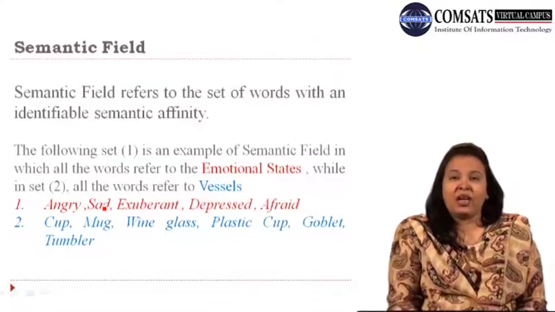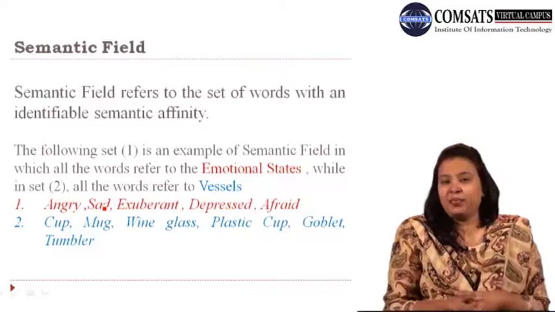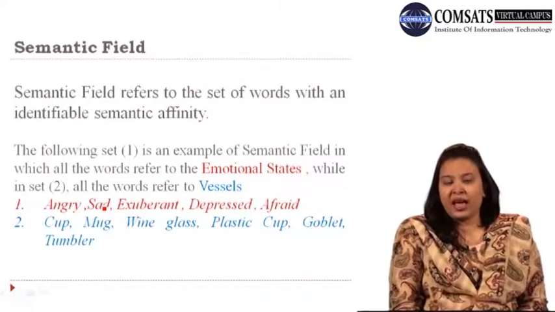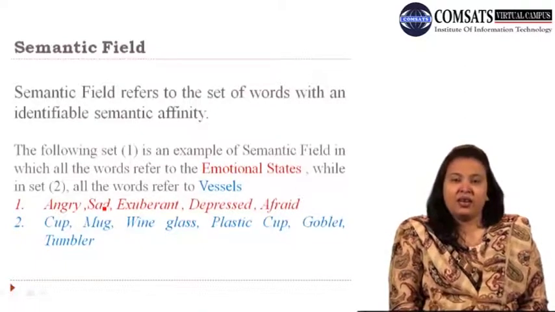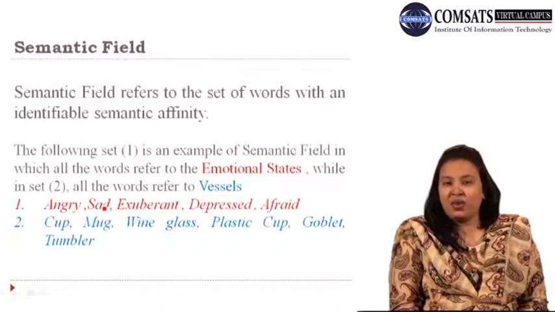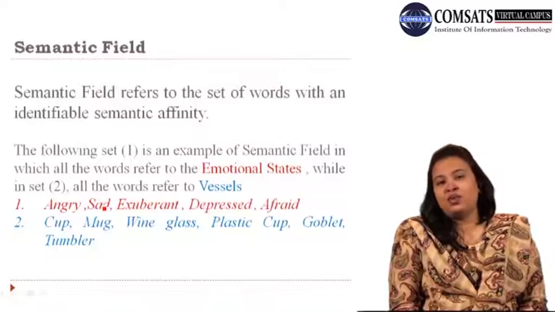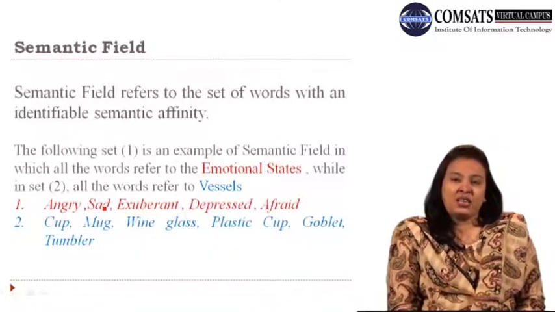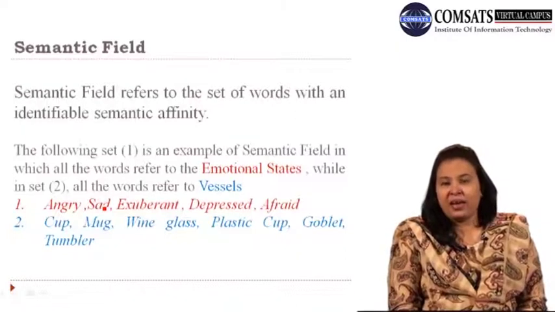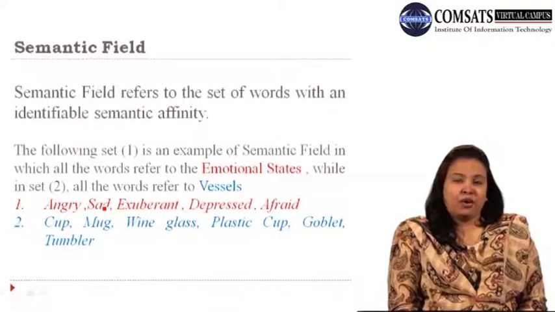But how do we get this semantic affinity? Now look at list number 1: angry, sad, exuberant, depressed, afraid. If you look at the meanings of all these words, they describe certain types of feelings or emotions. Like if I am angry, it means I am in an anxious state and I am not talking to you, and I have a certain clash with you.